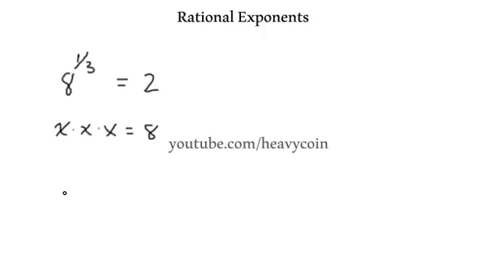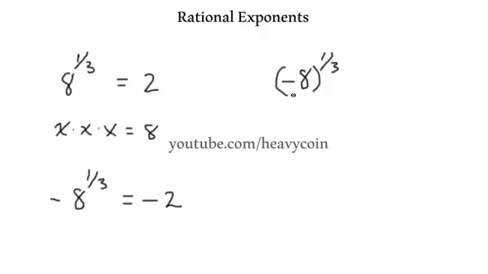What if I had thrown a negative out in front of this? Well, we end up with the same thing, other than it's going to be a negative 2. Okay. But what if I had this? Now we notice that our negative is in parentheses here.